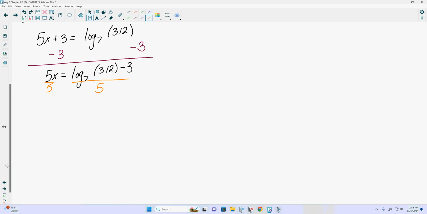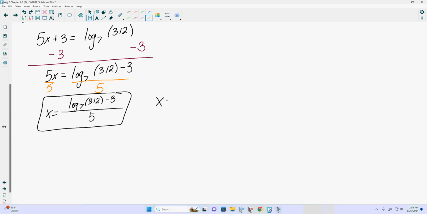And when we do that, we get that x is equal to log base 7 of 312 minus 3 all over 5. And when we type it into the calculator, we get negative 0.009736 or approximately negative 0.01. It kind of rounds weirdly.